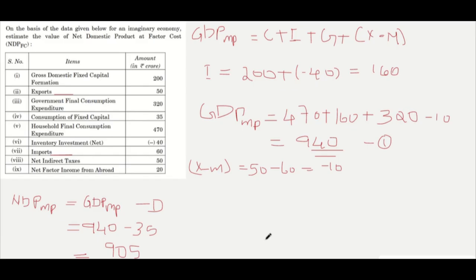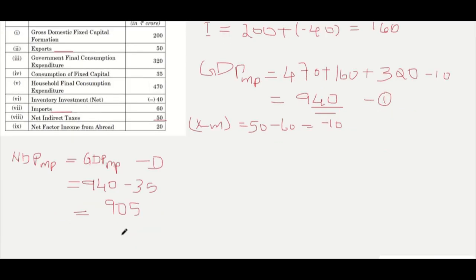So now let's move on to the last step. We just have to convert this NDP at the market price to NDP at the factor cost. For that, what we have to do? We just have to remove net indirect taxes from the NDP at market price. What is the net indirect taxes given here? It is 50. So you just have to minus 50 from 905.